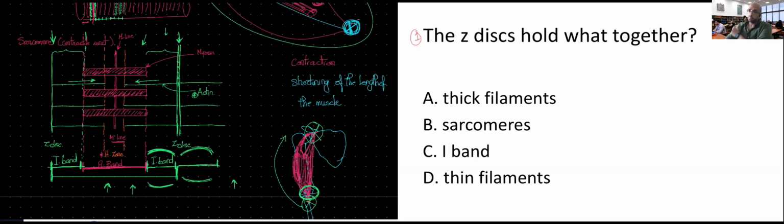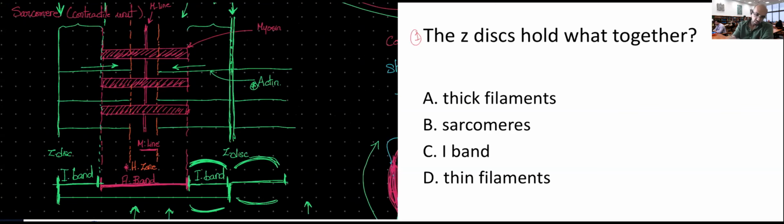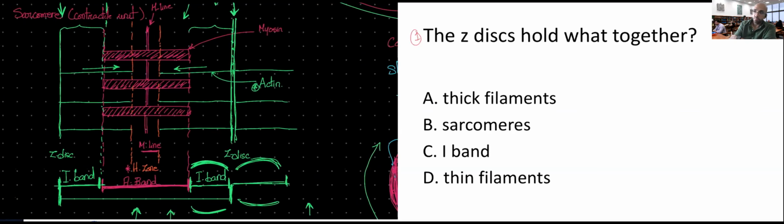I see here many people are saying sarcomeres. What is held by those Z discs together is not the sarcomeres, but the thin filaments.